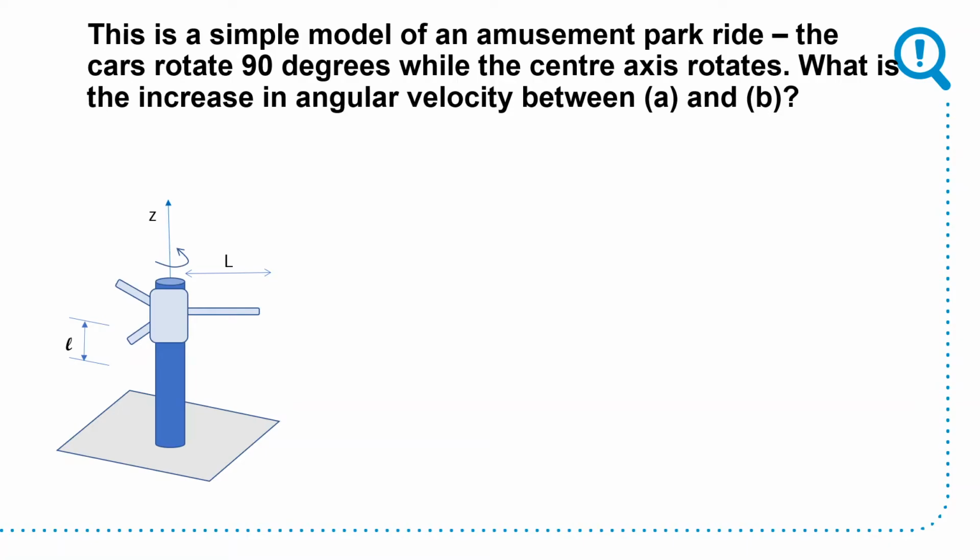What is the increase in angular velocity between A and B? So for this, it's sort of rotating in a counterclockwise direction. You see L, which is defined to the end of the rod, and at the end of the rod, I have placed 3 cars. Those cars are in position A as shown, so parallel to the floor, and for the second part B are normal to the floor.